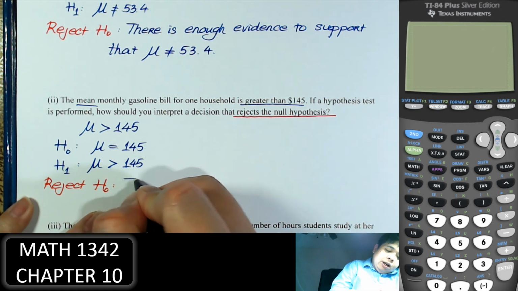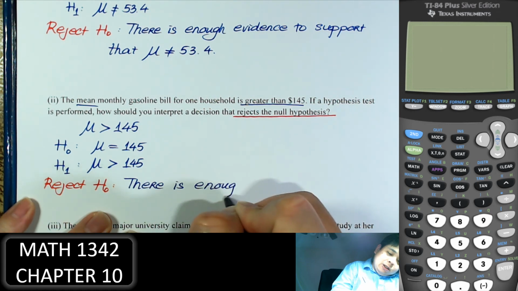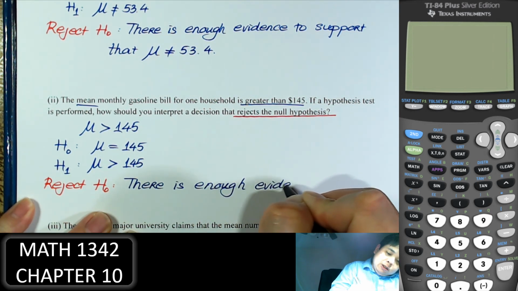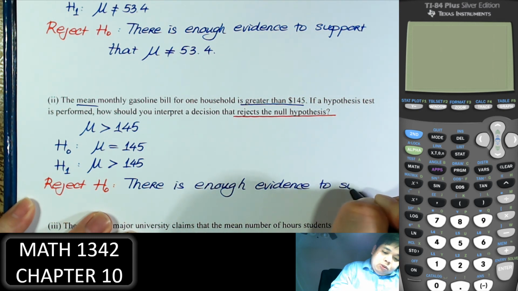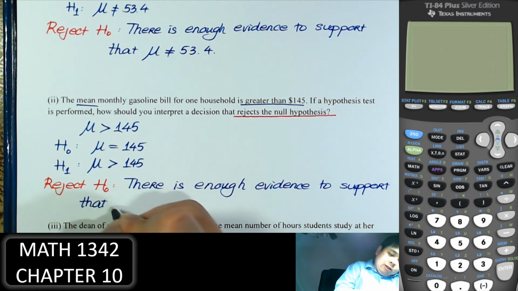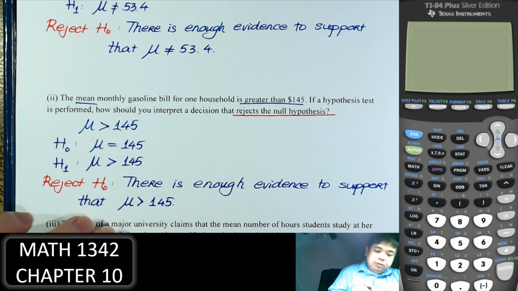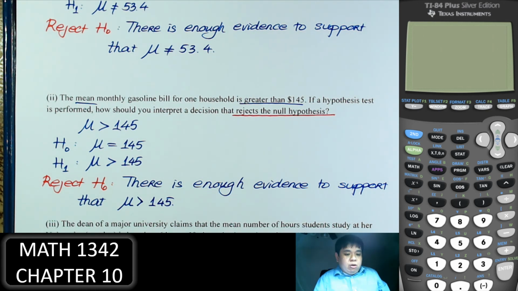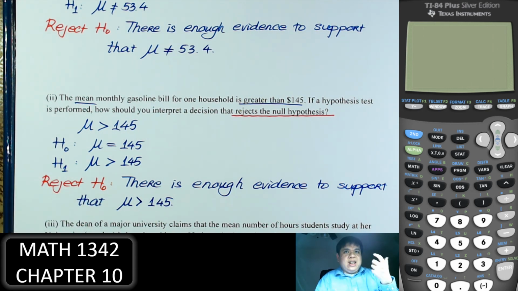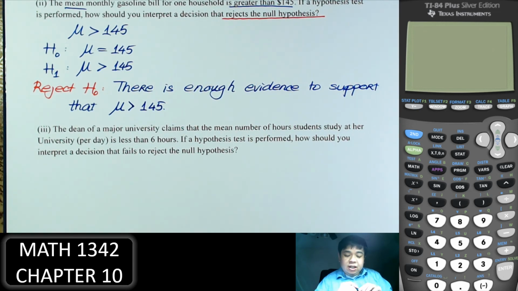There is enough evidence to support that the mean is greater than 145. Right. So if we reject H0, this language is there is enough evidence to support H1. The answer is always in terms of H1, the decision that is.